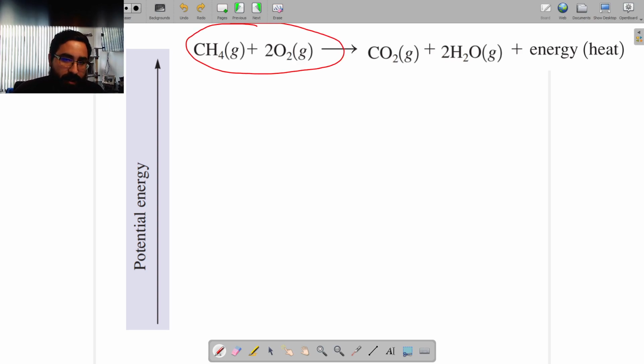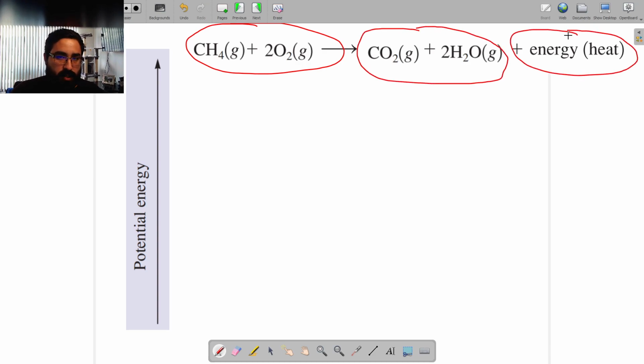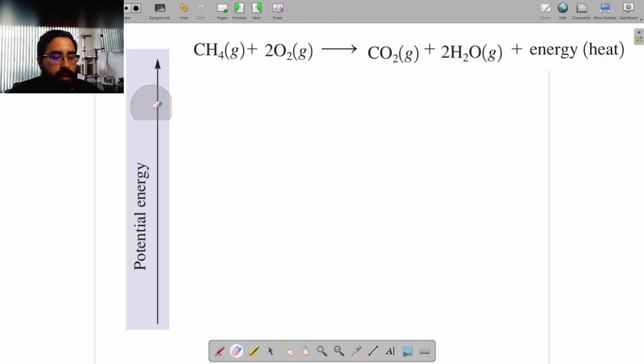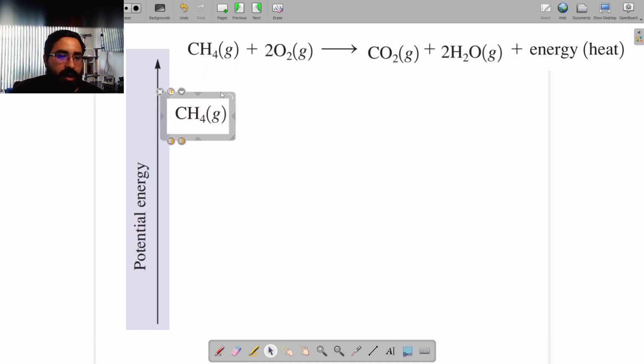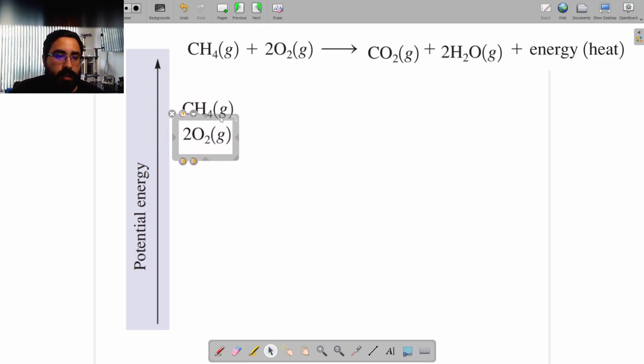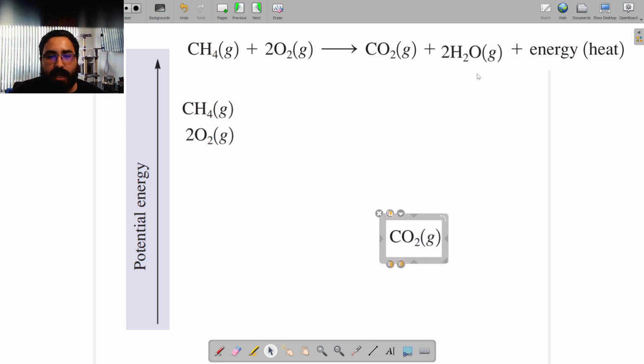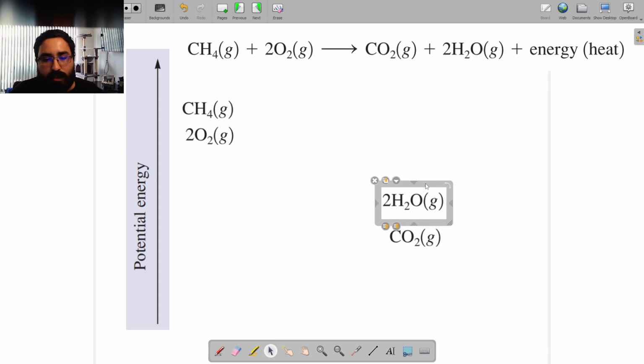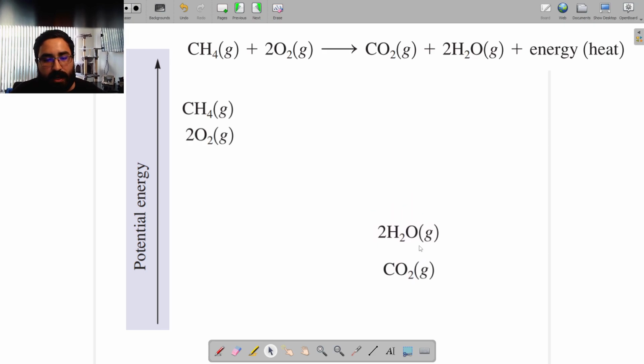This has a certain amount of energy, and then these have a certain amount of energy, but some of it was released. So these right here are going to have less energy than those because they lost some. Does that make sense? So how do we draw this visually? These have higher energy, the reactants, than the products. And it doesn't matter where we put them. Let's just put them off to the side.